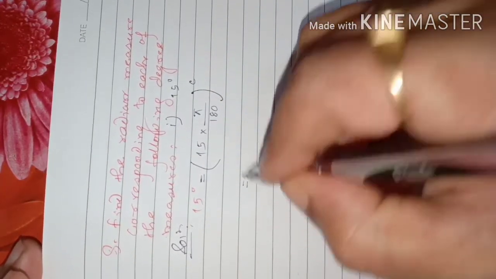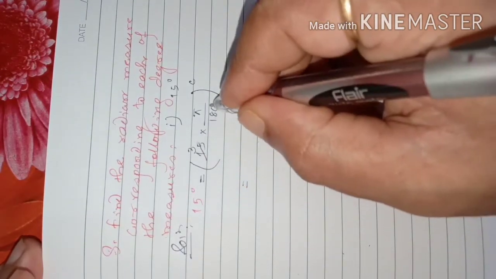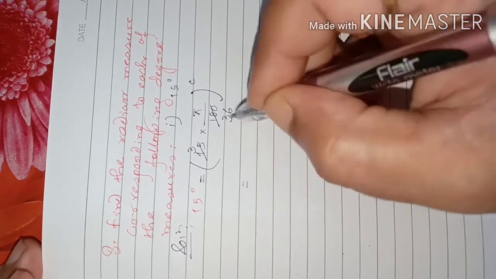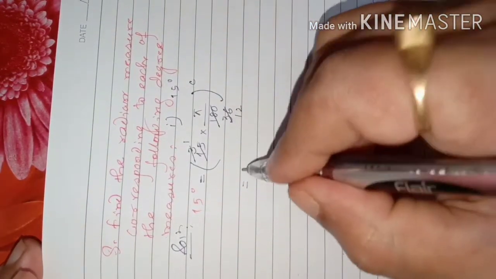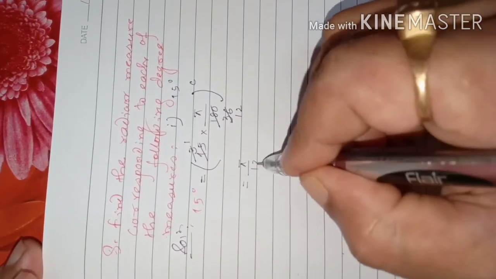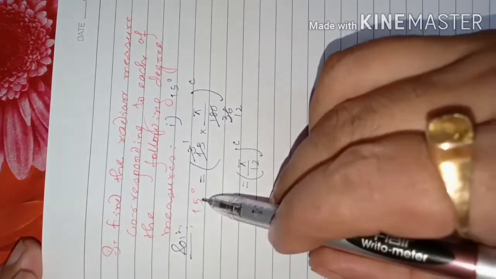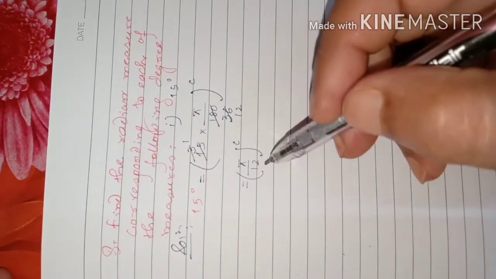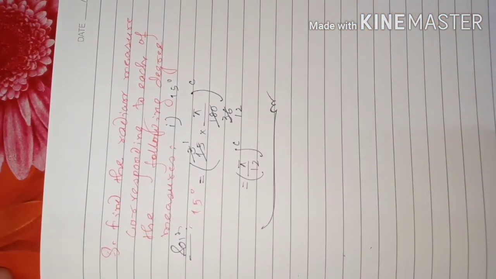Then by 5 you can cancel: 5 3s are 15, 5 6s are 30, and by 3, 3 1s are 3, 3 12s are 36. So the final answer is pi by 12 radian. When you convert degrees into radian, leave the pi as it is. No need of removing the pi. So this is our answer.